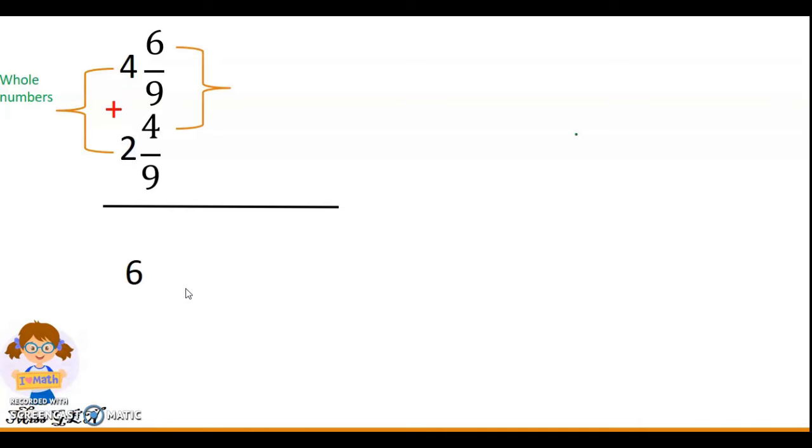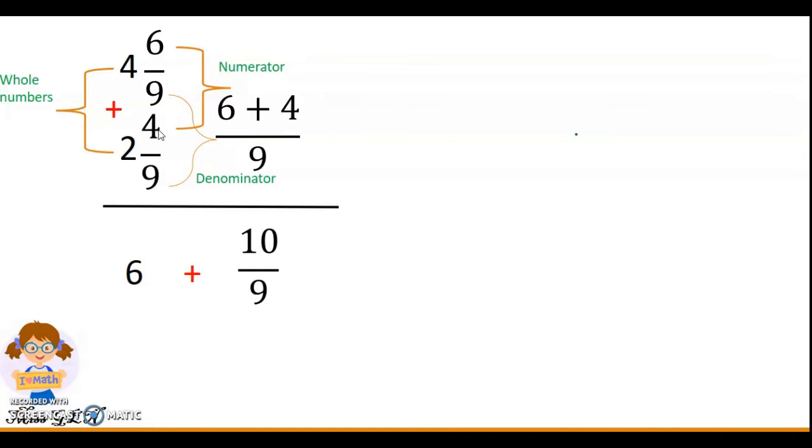Step 2, add the numerator and copy the common denominator. So our numerator here is 6 plus 4 and our common denominator is 9. So 6 plus 4 is 10 and our common denominator is 9. So our answer is 6 plus 10 over 9.